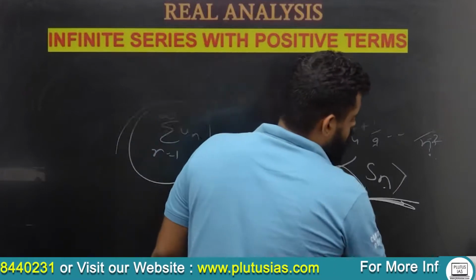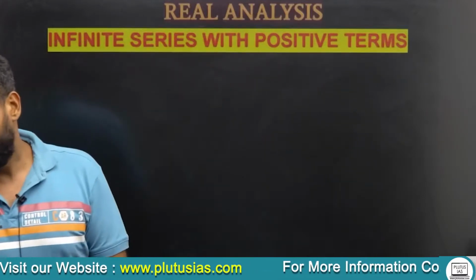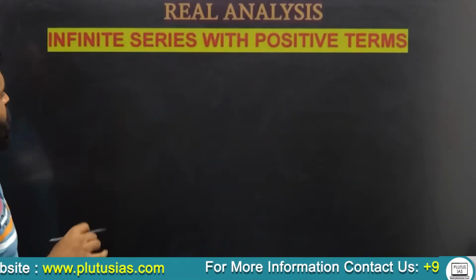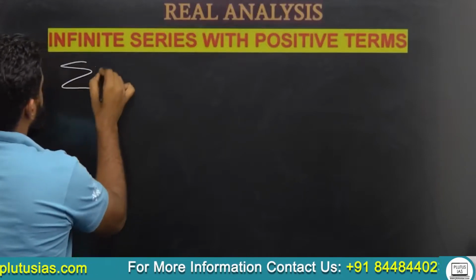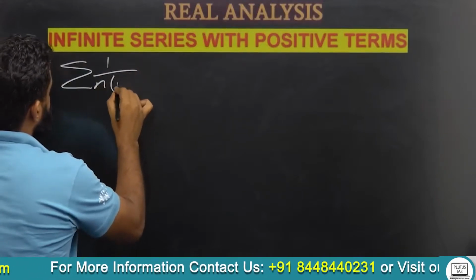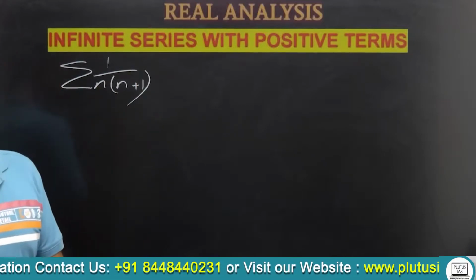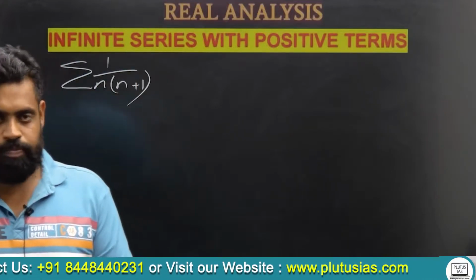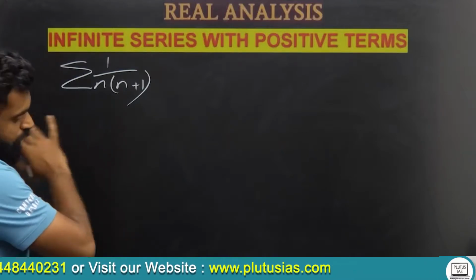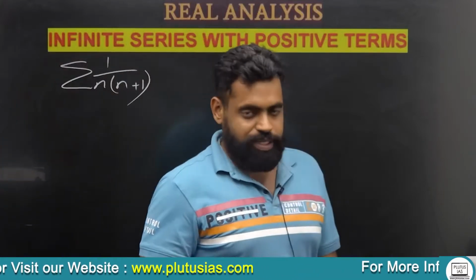Okay, I'll give you an example here, a good example to start with. Suppose I say the sum of 1 upon n times n plus 1. I have to find the summation of this series.